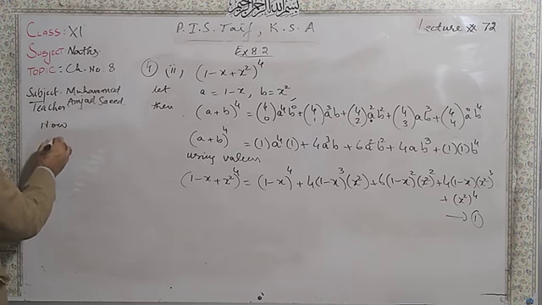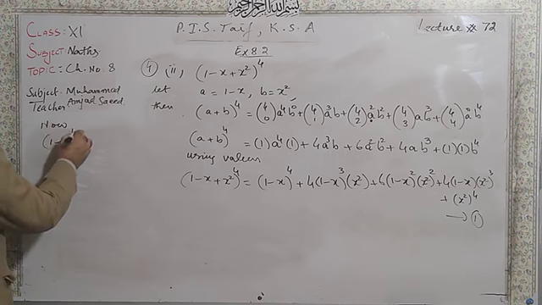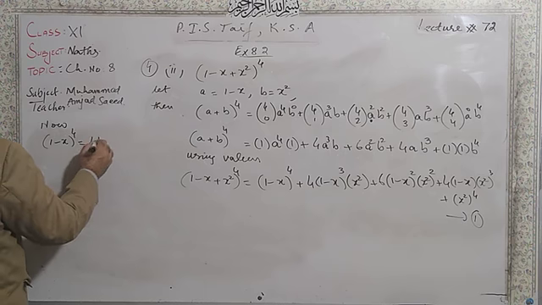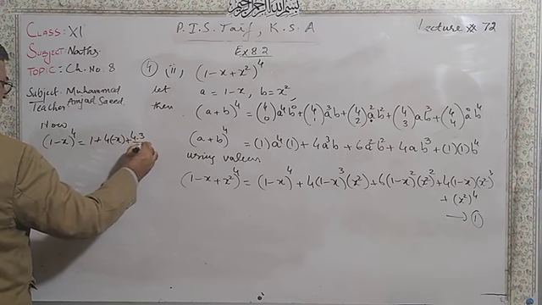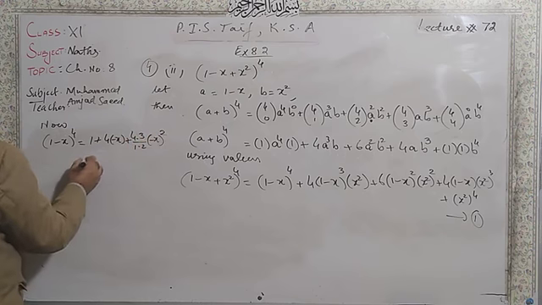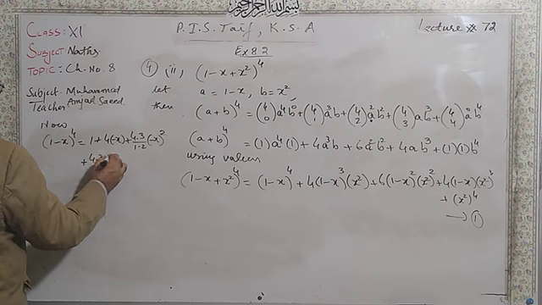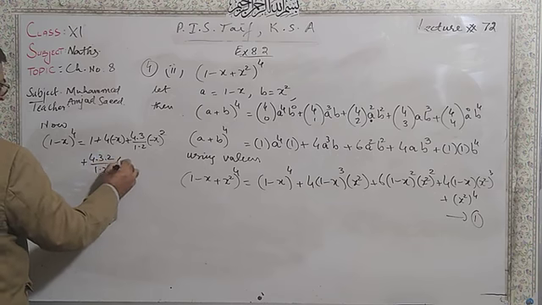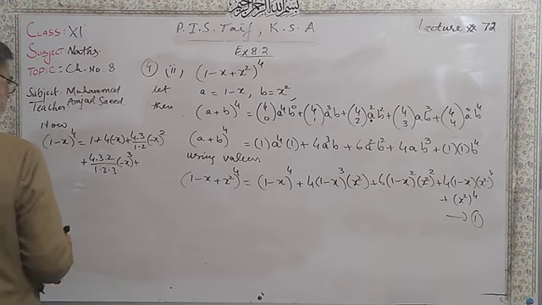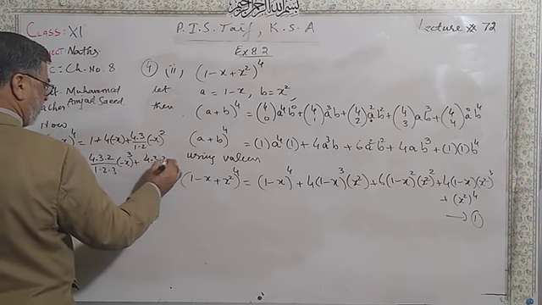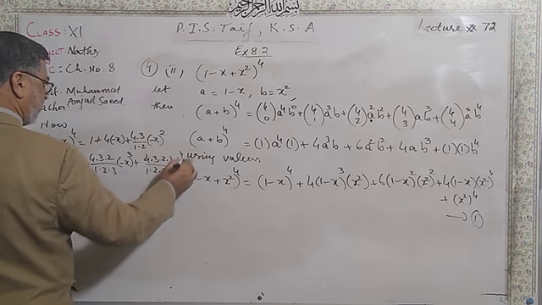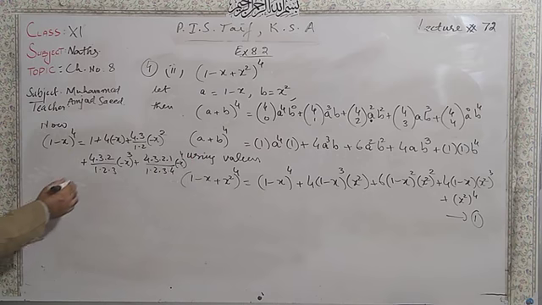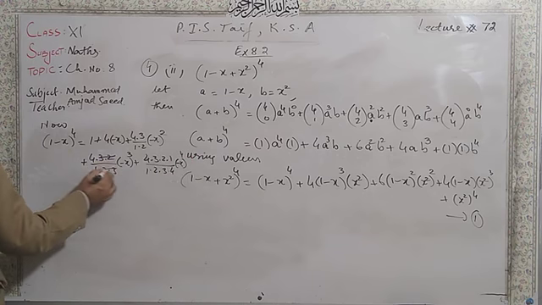Now 1 minus x power 4 is equal to, this is binomial series, we can open up 1 plus nx plus n into n minus 1 over 1 into 2 x square plus n into n minus 1 into n minus 2 over 1, 2, 3 into x cube. Then 4, 3, 2, 1 over 1, 2, 3, 4 minus x power 4. Dear students, you can check. They are cancelled out.